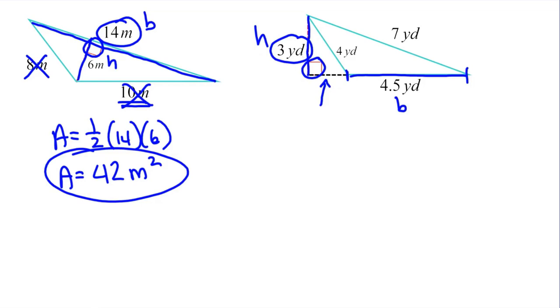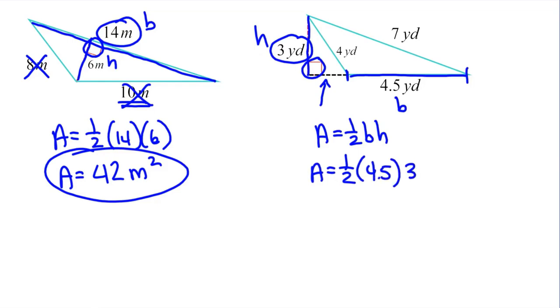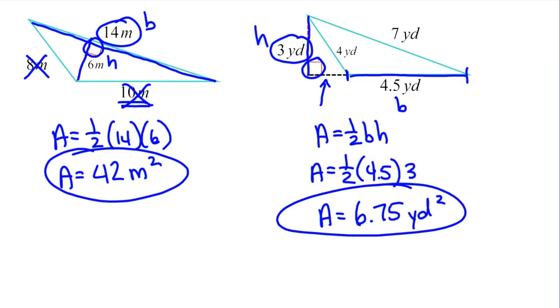So here the height is measured outside of the triangle, since this juts out over here on the left. So again, 1/2 base times height gives me 1/2 times 4.5 times 3. And when I do that calculation, I get 6.75 square yards. And there's the area of my triangle.